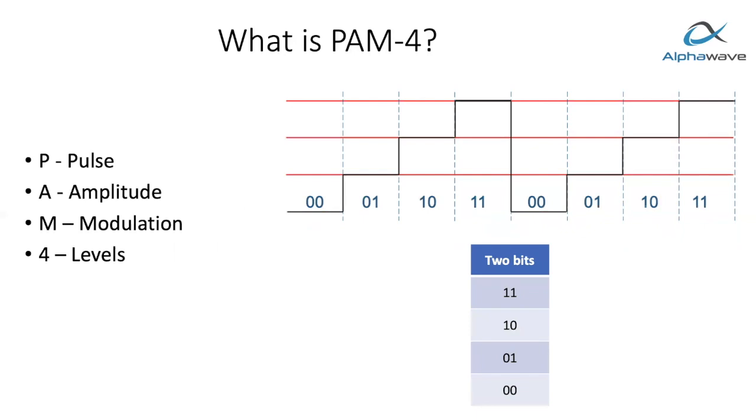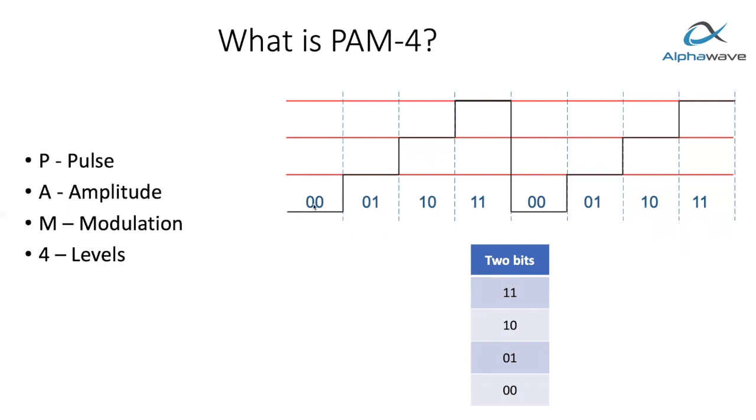PAM4 is also another form of pulse amplitude modulation, but in this case, you have 4 levels. You can see these 4 different levels here, going all the way up from the low level that we had in NRZ up to usually the same level we had switching, you can say from 0 to 1 volt. The difference here is now we have 2 bits per level.